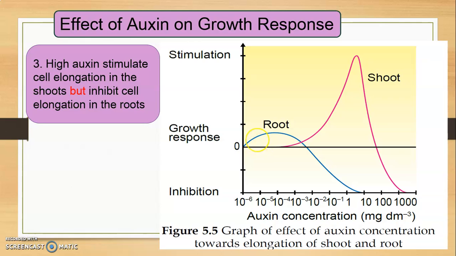So for the root, we only need a low concentration of auxin to stimulate the elongation. If high, it will inhibit the cell elongation in the root. But different in the shoot, which needs a high concentration of auxin to stimulate the cell elongation. So that is the concept or the inference behind the effect of auxin on the growth response.